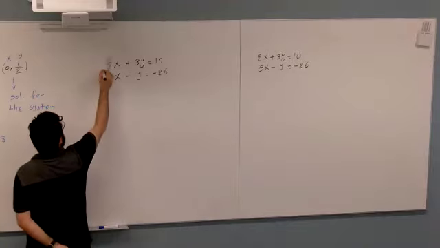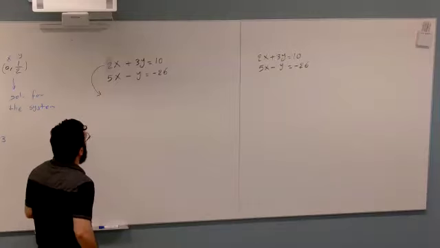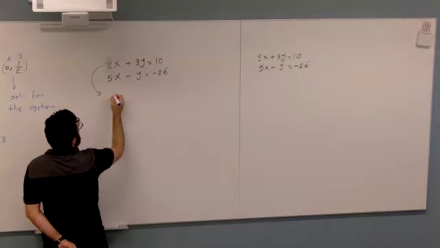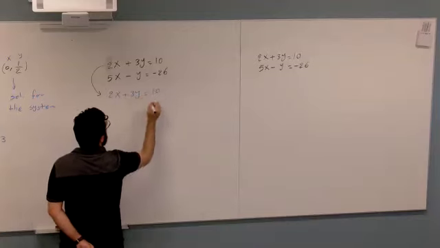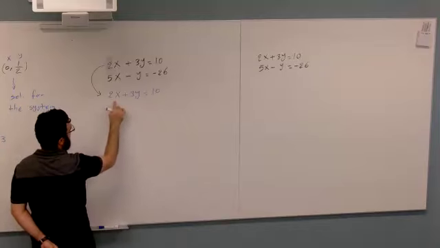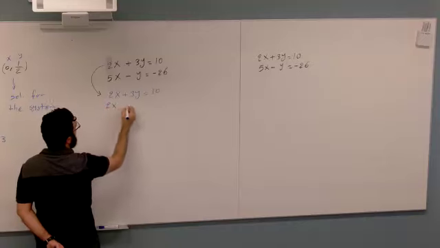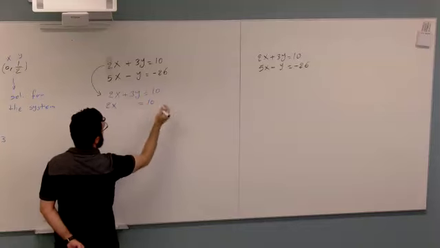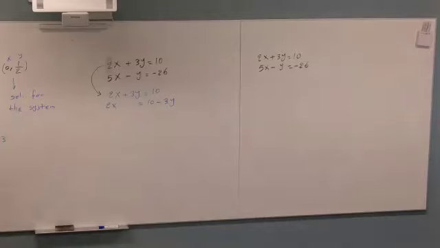So I'm going to take the first one and solve it for the x or for the y. Let's solve it for the x. 2x is going to be equal to what? 10. I'm going to move the y to the other side. Is that okay? Yes or no?